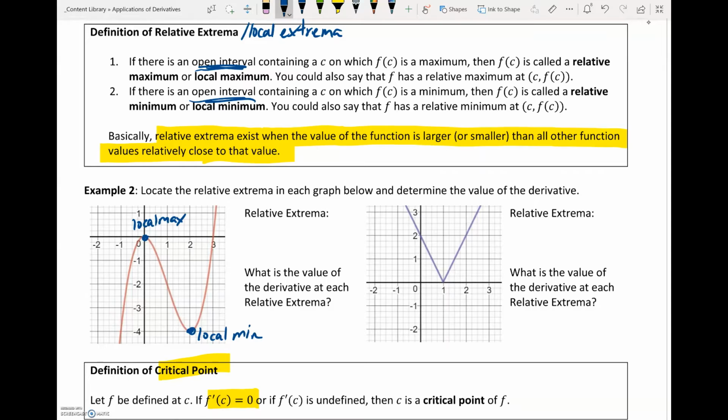Is this the absolute minimum? No, because there's lower y values here. But when we look at this interval, it looks like these are max and mins. So your relative extrema here is going to be at (0, 0) for your local max, and (2, -4) for your local min.